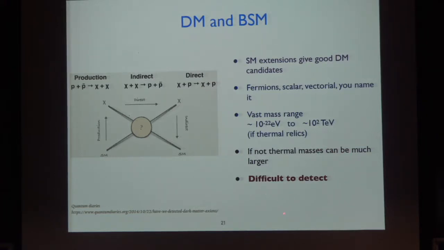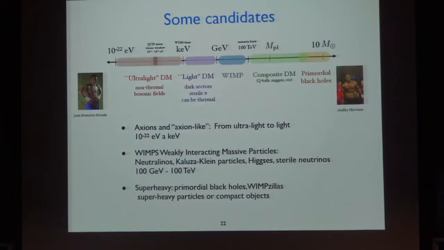And it's notoriously difficult to detect. You can do direct production, a collision of protons and antiprotons like at the LHC, to produce pairs of dark matter candidates. Indirect detection is when these annihilate and create two particles of the Standard Model, particle plus antiparticle. Or, as in direct detection, you have a dark matter particle hitting, say, a nucleus, and the recoil we can measure.